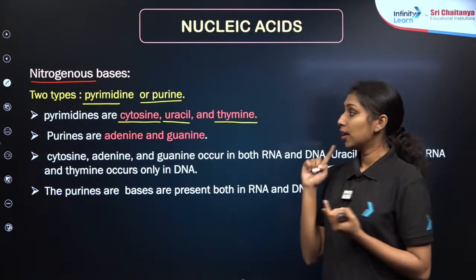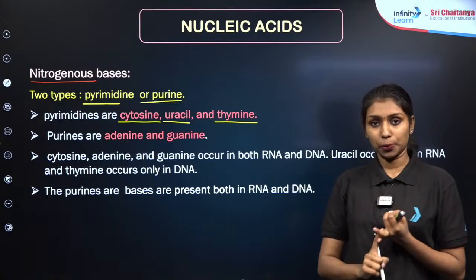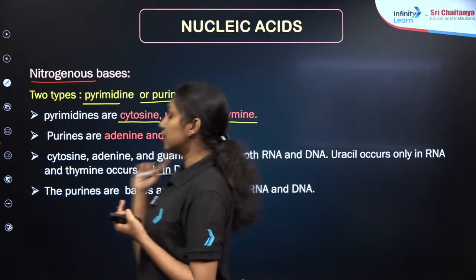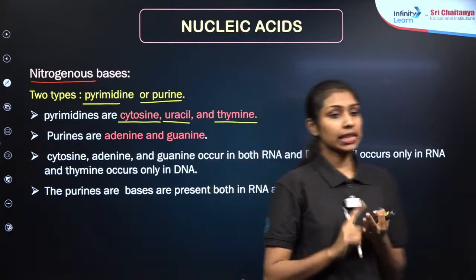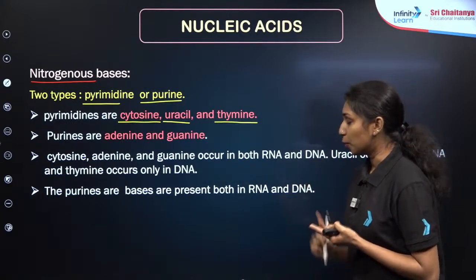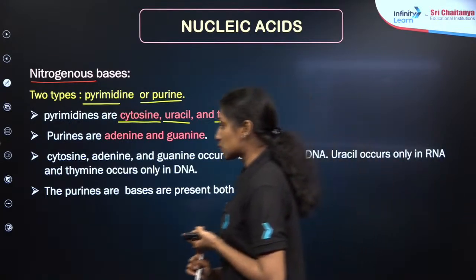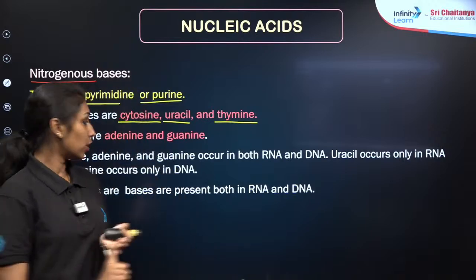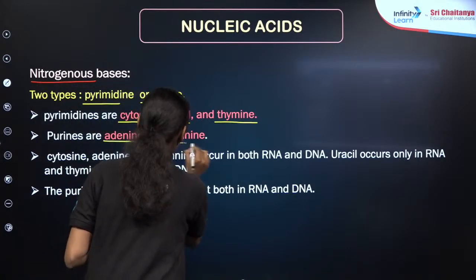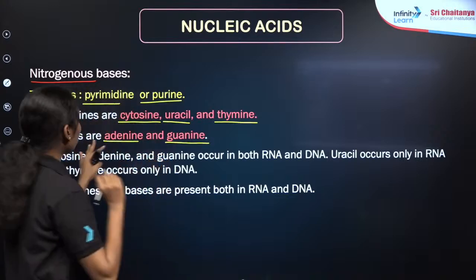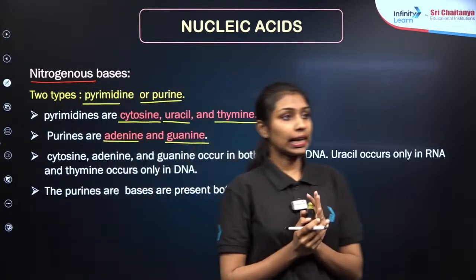It will be very important from your examination point of view. Which of the nitrogenous bases belongs to the pyrimidine or purine group? So these 3 belong to the pyrimidine group. Then the second one is the purine group: adenine and guanine. Is the thing clear?